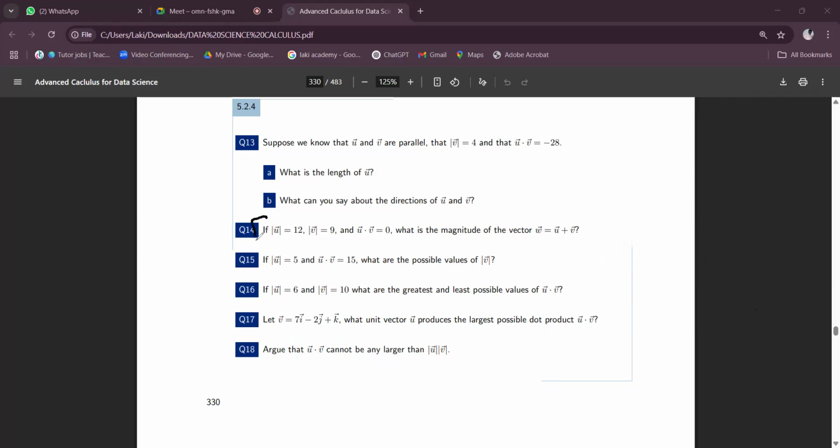Now can you tell the magnitude of this? We have magnitude 12 for u and 9 for v, and u dot v equals 0. What's the magnitude of the vector w, which is u plus v?